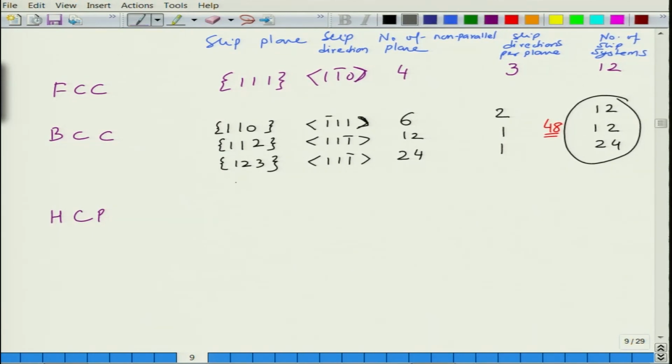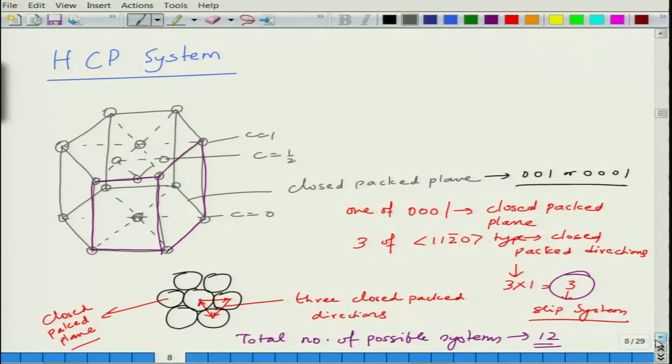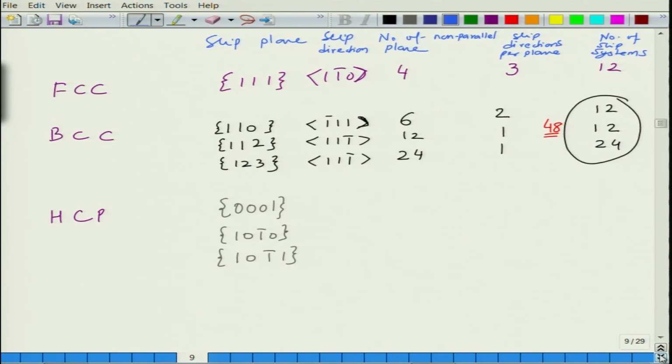Whereas in HCP, let us use a different color now. Okay. In HCP the possible planes are 0 0 1, which is only one plane, then you have the 1 0 bar 1 0 plane, and then you have the 1 0 bar 1 1 plane. So, essentially you have this plane and you also have this plane, all right. These planes contain the directions 1 1 bar 2 0.